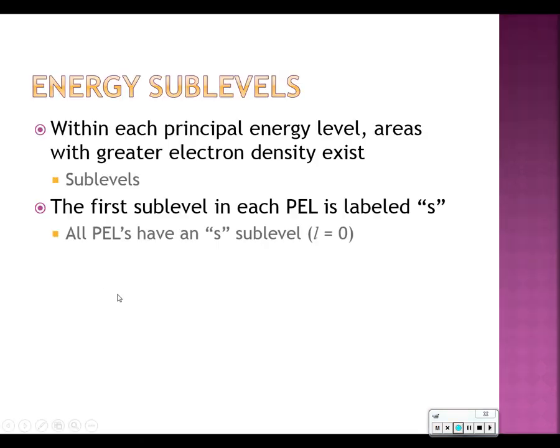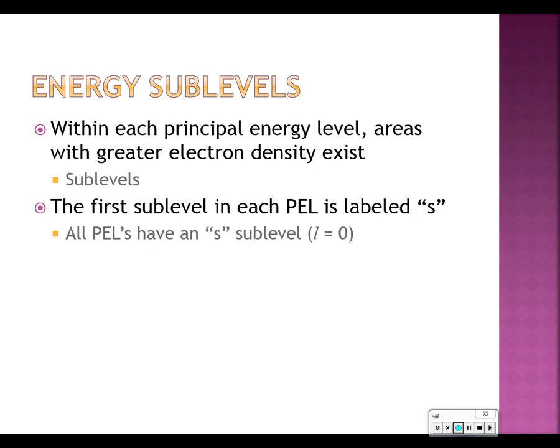What we find out is that within each principal energy level, every time we change colors, there are certain areas that show greater electron density than other areas. Okay?